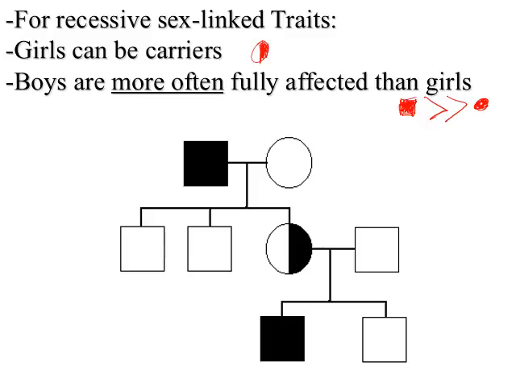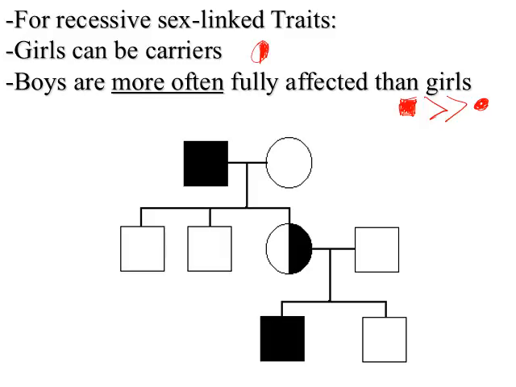So a lot more boys shaded in and fully affected by the trait than girls. So looking at this pedigree diagram, what would you say? Is this a recessive sex-linked trait, or is it an autosomal trait? Remember, autosomes are just the regular chromosomes. That's how you pass regular traits on. So just by looking, you should be able to tell if it's sex-linked or autosomal.